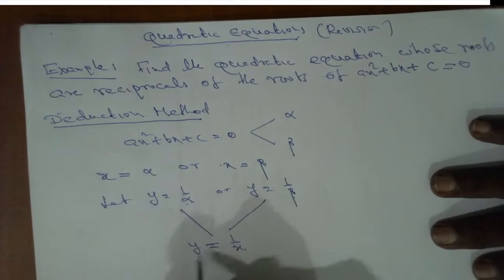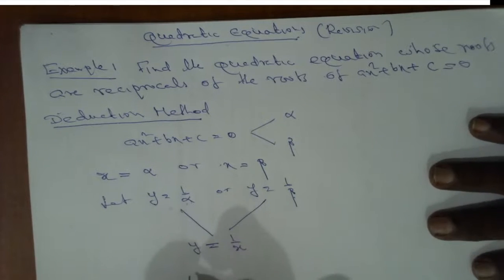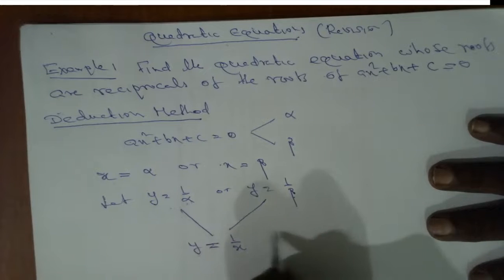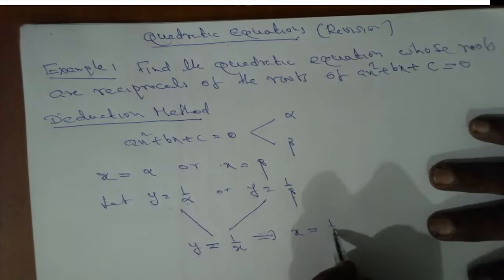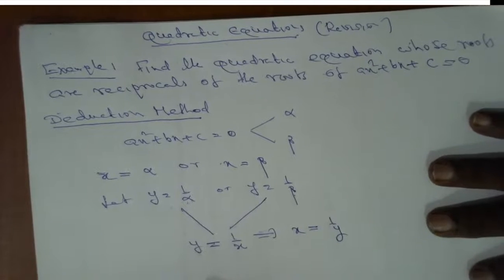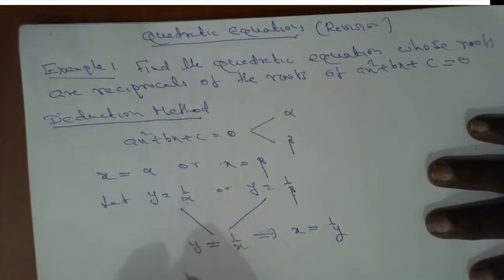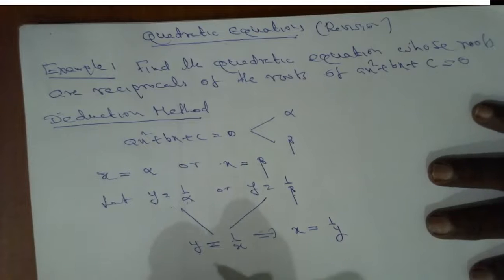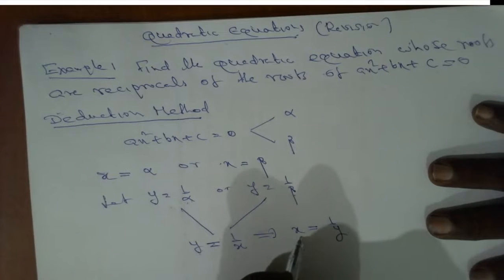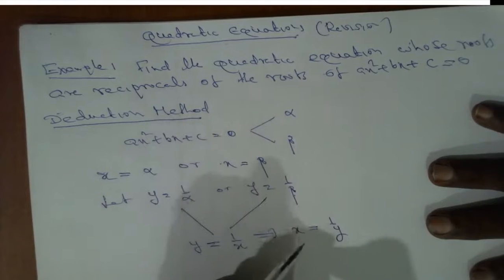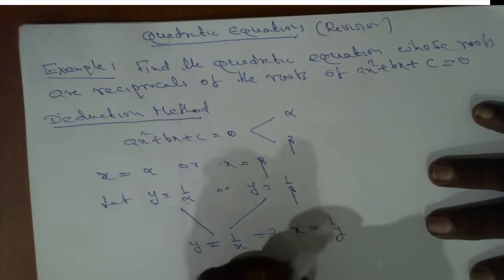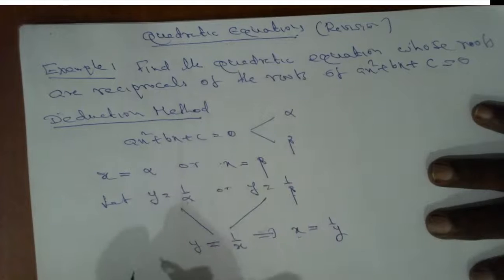Then y equals 1 over x, so you can make x the subject: x equals 1 over y, right? Then you can substitute for x in this equation, so instead of x you substitute 1 over y, right?